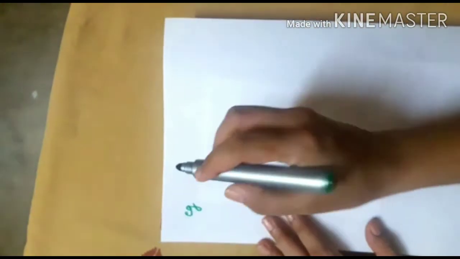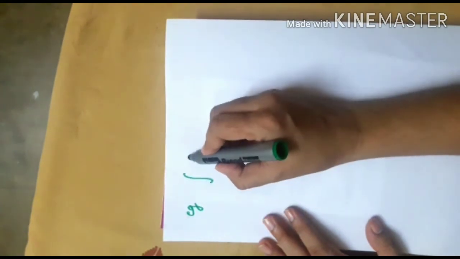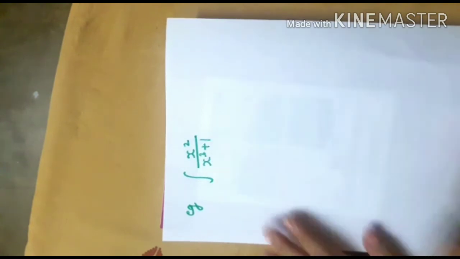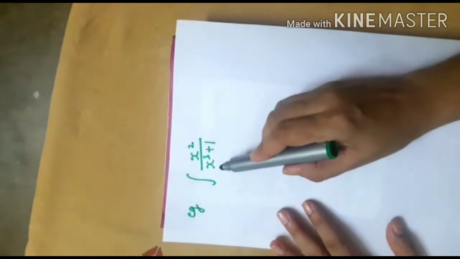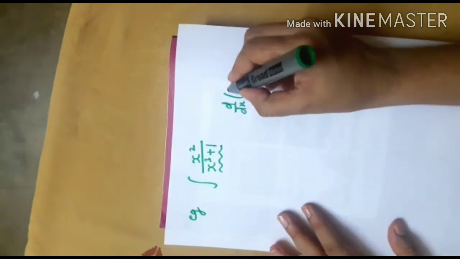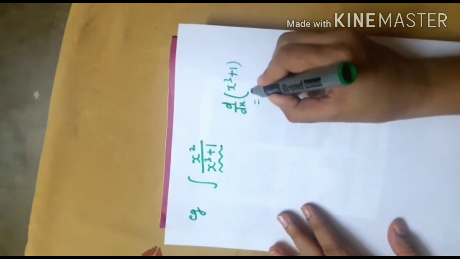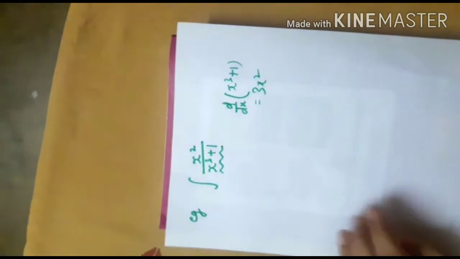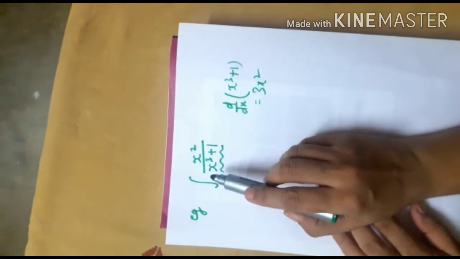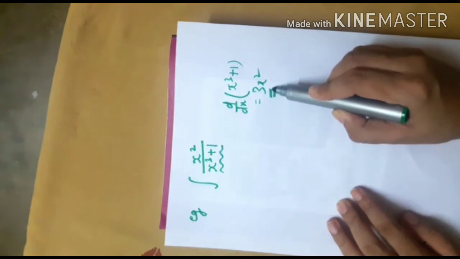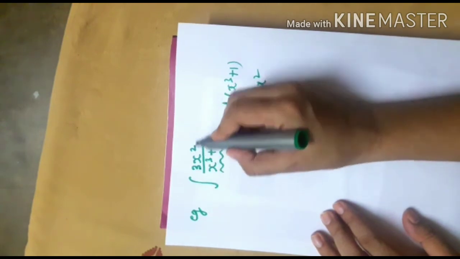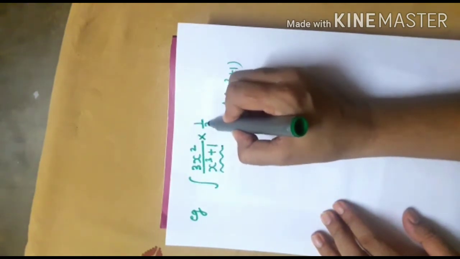Let's take another example. Suppose I ask you to evaluate the integral x square over x cube plus 1. Yes, here the denominator is this. Now the derivative of the denominator is 3x square, right? Here I have x square. What is missing? A 3. So what I'll do is multiply with 3 and divide with 3.